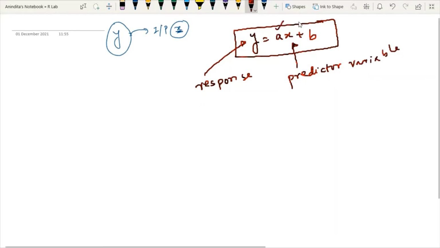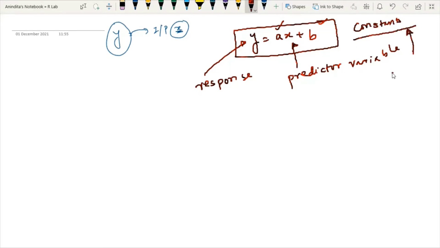And what are a and b? A and b are known as constants. These constants are also known as coefficients. So these terms you have to keep in mind.